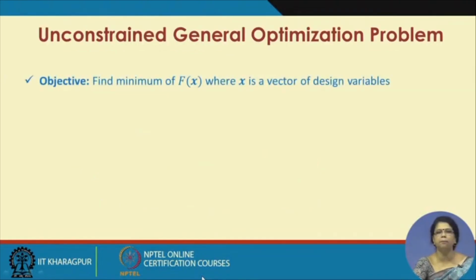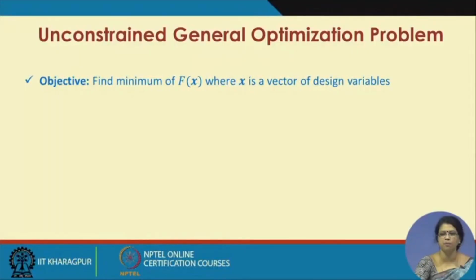Now, this is a simple unconstrained optimization problem: minimization of f(x), where x is a design variable. x can move within a permissible range from a to b, or x can move from minus infinity to infinity. It may happen as well that this optimization model has more than one variable, say two variables.